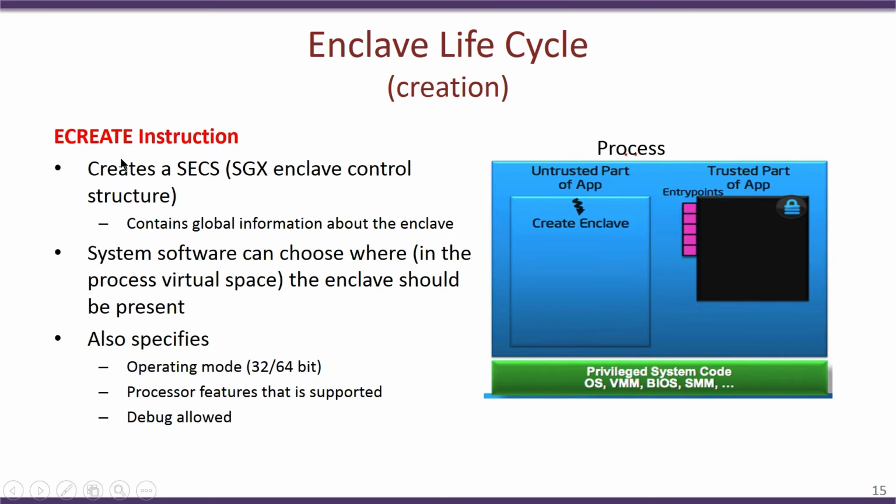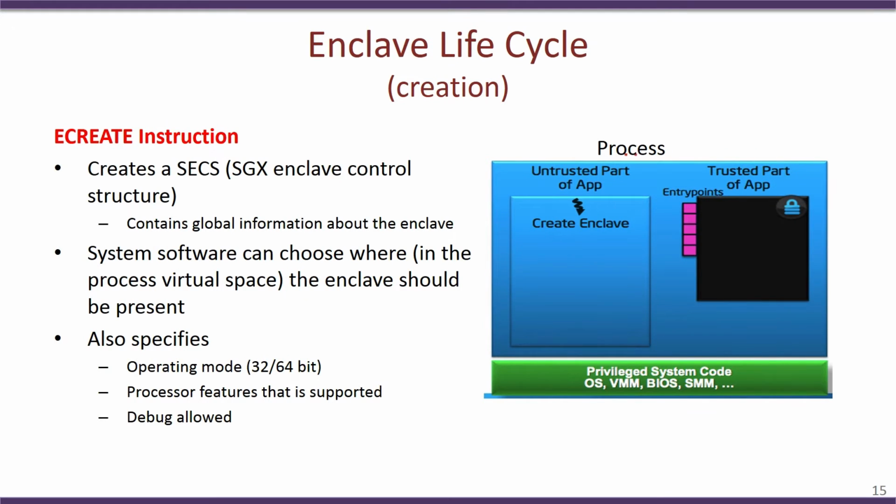When ECREATE is invoked, the processor would create an SECS structure in the PRM, the processor reserved memory, and this SECS structure, as we know before, would contain the global information about the enclave.